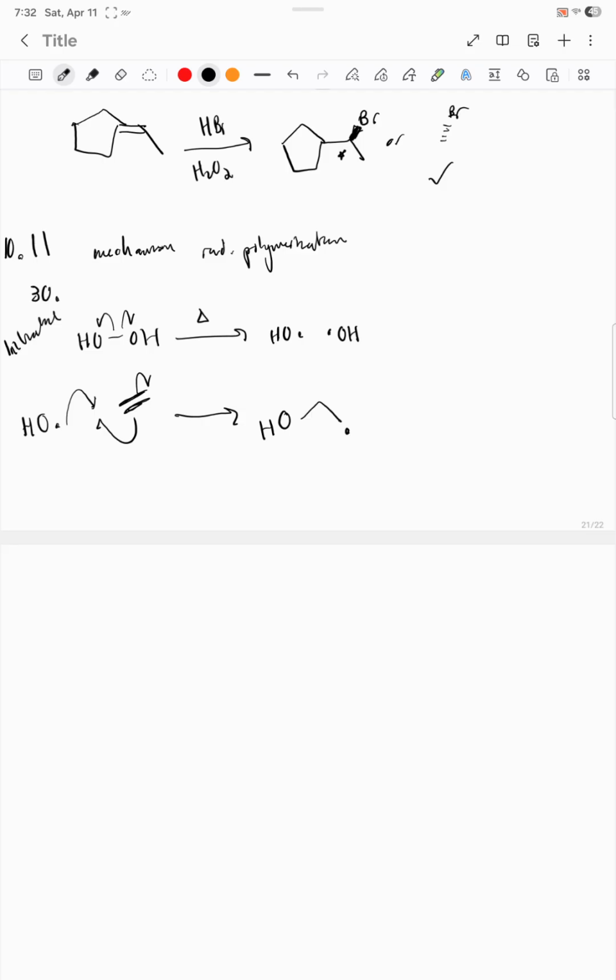Now basically, what are we doing? If we have a molecule that looks like this, we can do basically what we solved. Now we are on propagation.